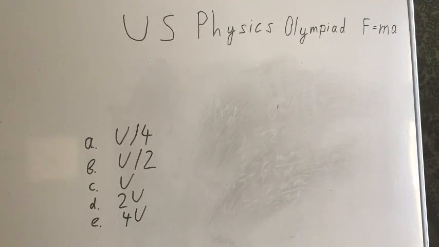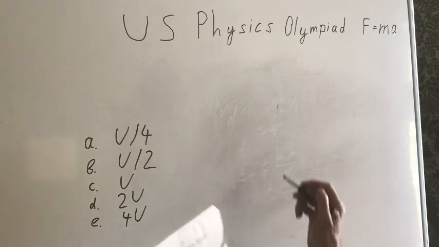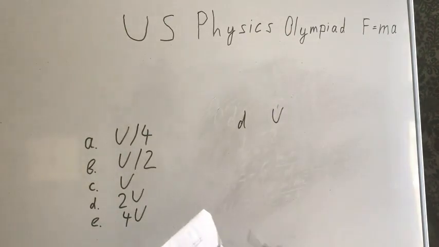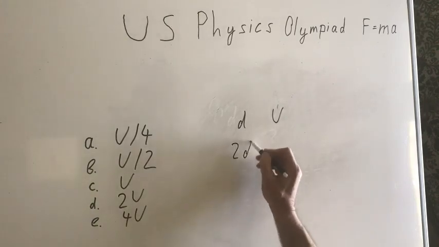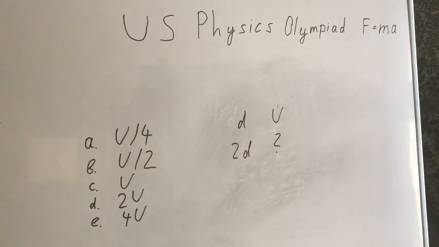Problem number 8. When two stars are very far apart, their gravitational potential energy is 0. It's a regular assumption for potential energy in gravity forces. When they are separated by distance d, the gravitational potential energy of this system is U. If the stars are separated by distance 2d, what is the potential energy? We just need to write the expression for potential energy.